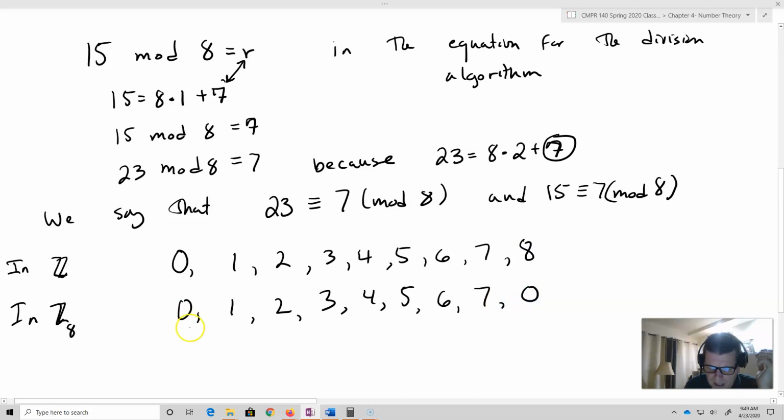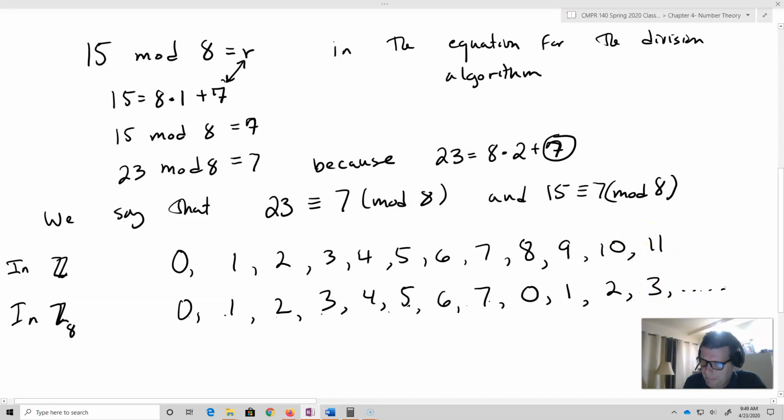So what we've got is 1, 2, 3, 4, 5, 6, 7, 8: 8 integers representing all the values in modulo 8. And then once we get up to the next multiple of 8, we go back to 0. So 9 is actually going to be 1. 10 will be 2. 11 will be 3, and so on.